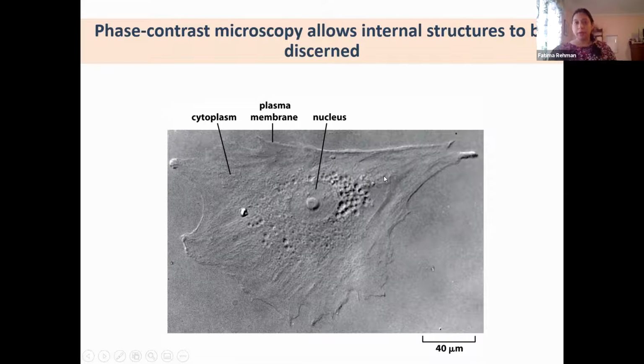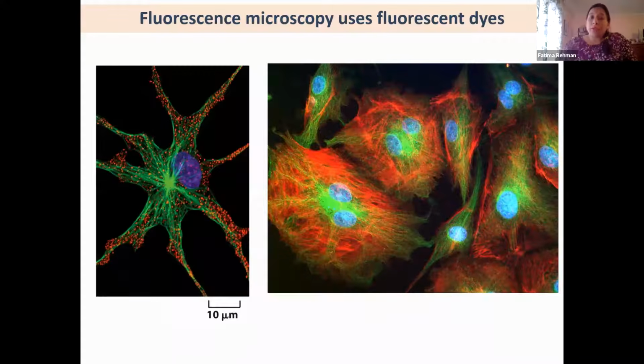To resolve some of these structures a little better, we use fluorescence microscopy, where we can use fluorescent dyes that are either tagged to an antibody to a protein of interest, or that specifically bind to a particular structure. Like we can use DAPI that stains the DNA, or propidium iodide that specifically stains the DNA to look at the nucleus, right?